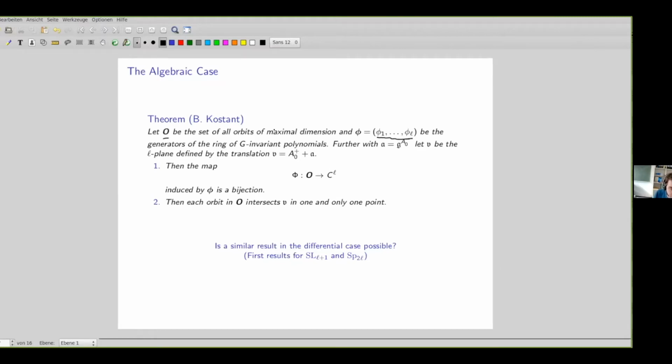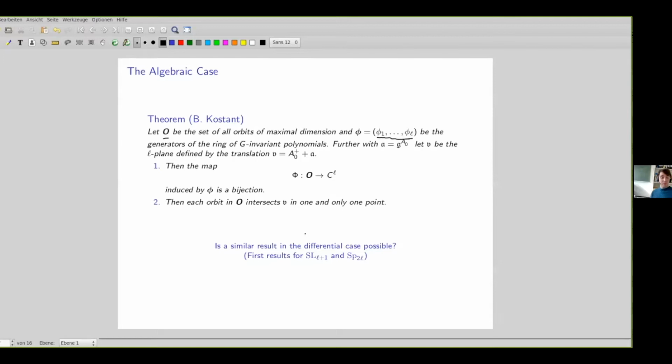And then the invariant functions induce a map on the set. So this is here under point 1. We have a map from the orbits of maximal dimension to C to the power L, and this map is a bijection. Okay, so our invariants phi separate the orbits.